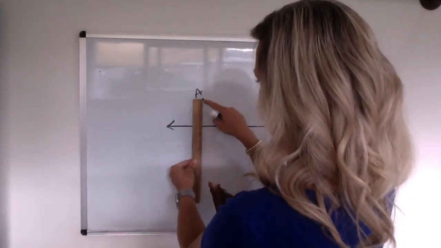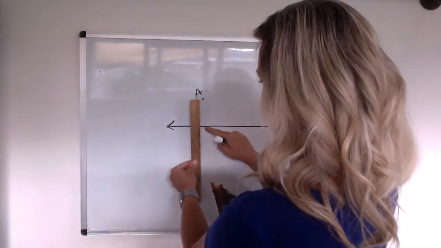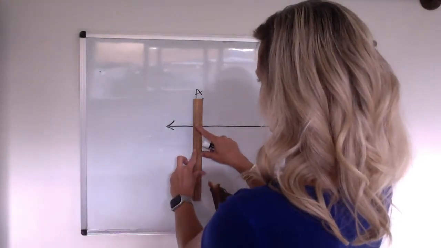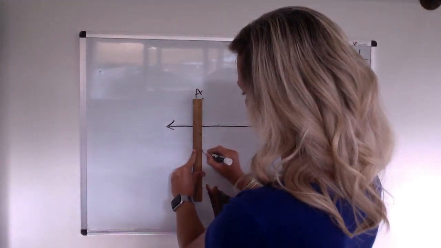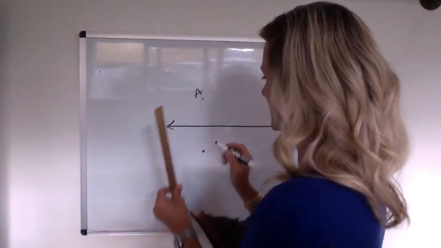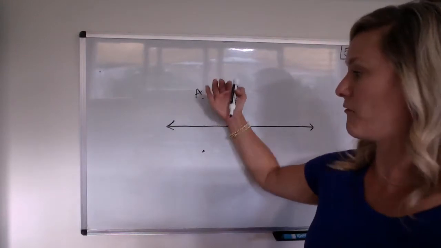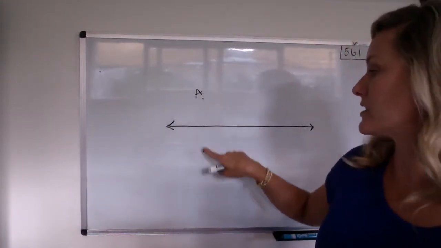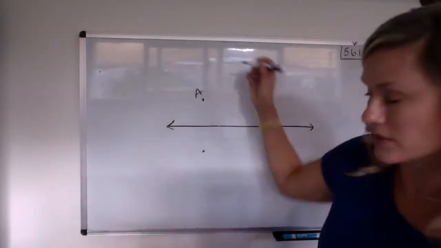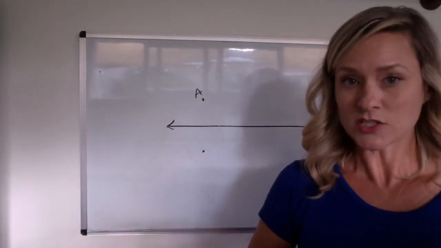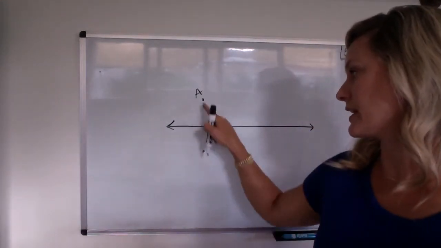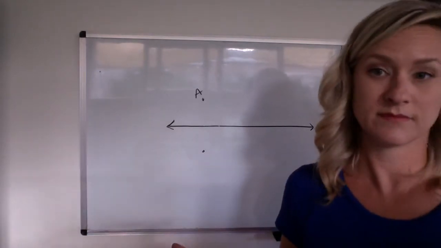That's exactly 3 inches. I'm going to go from the 3 to the 6. If I were to fold this in half, these two dots would land on top of each other exactly, right? So I know that this point and this point would match.